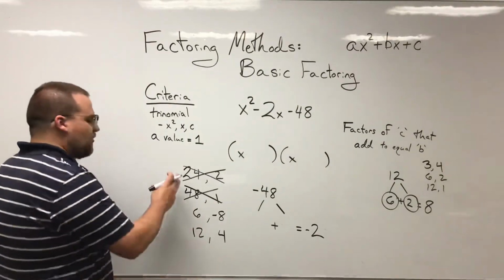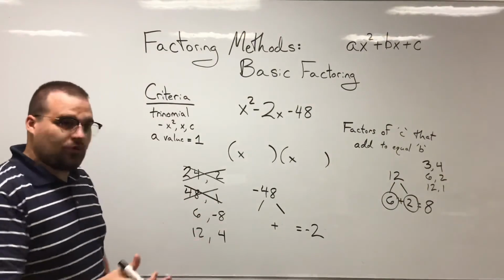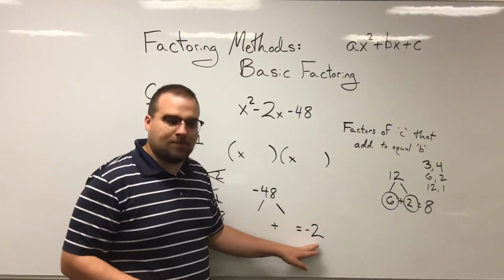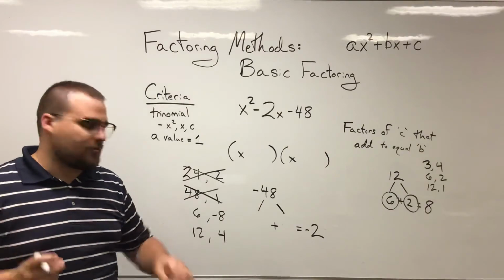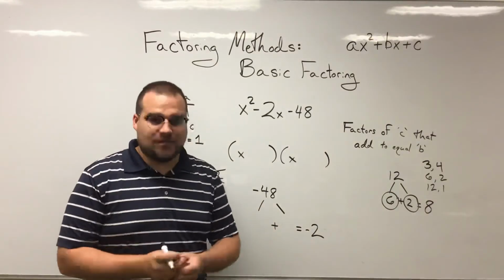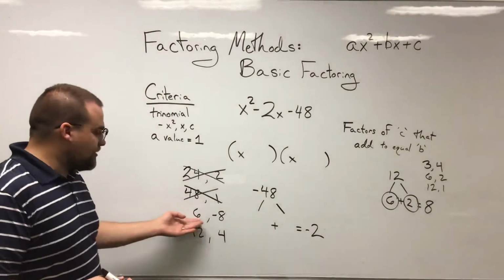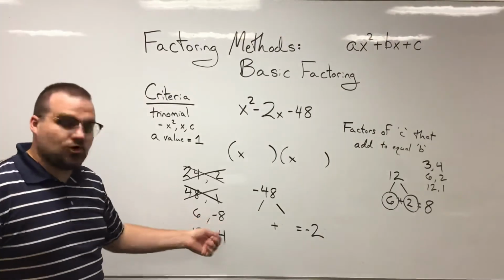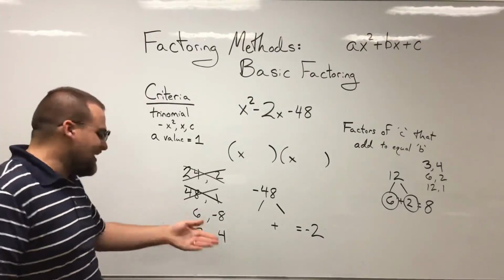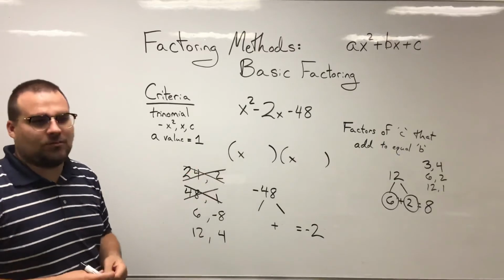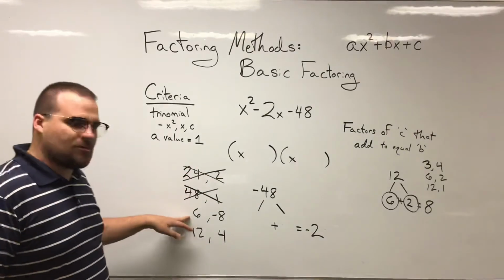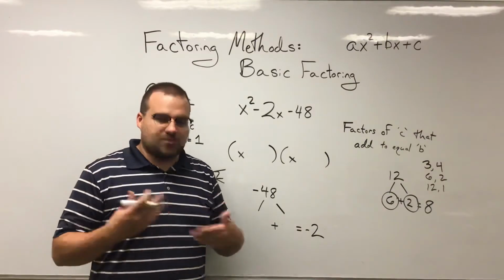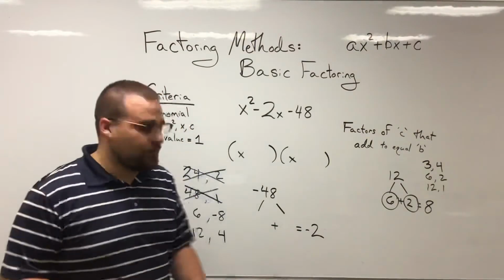A really good way to identify which one of these works for you whenever you have a negative number is to identify which one of them has a difference of that number between them. If you'll notice, 6 and 8, they're only 2 numbers apart. 8 is 2 more than 6. These numbers are more than 2 apart, as are these. So this must be the one that works, because between them there's a difference of 2.